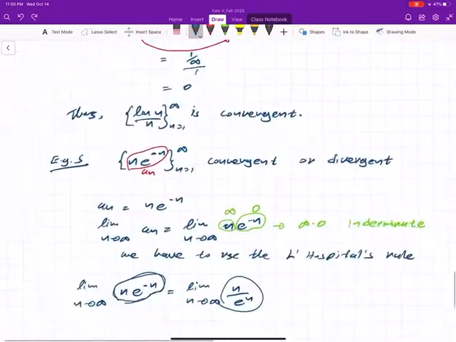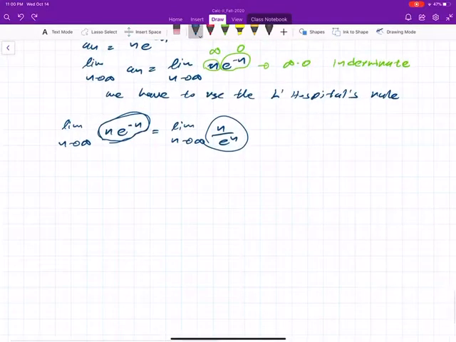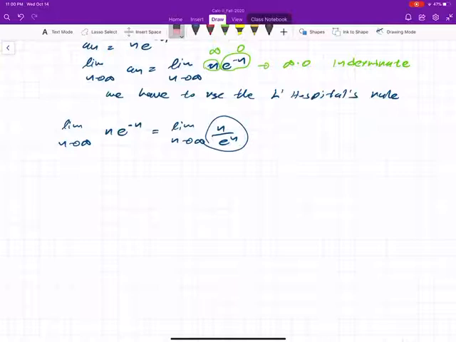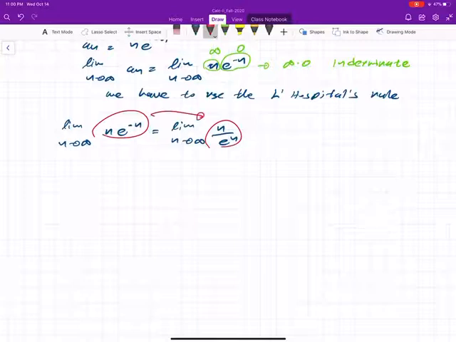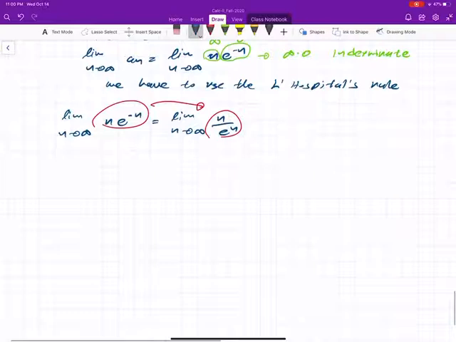All right, so you write it as this. So this becomes that. And then you have to use the derivative. You write the limit as n goes to infinity.